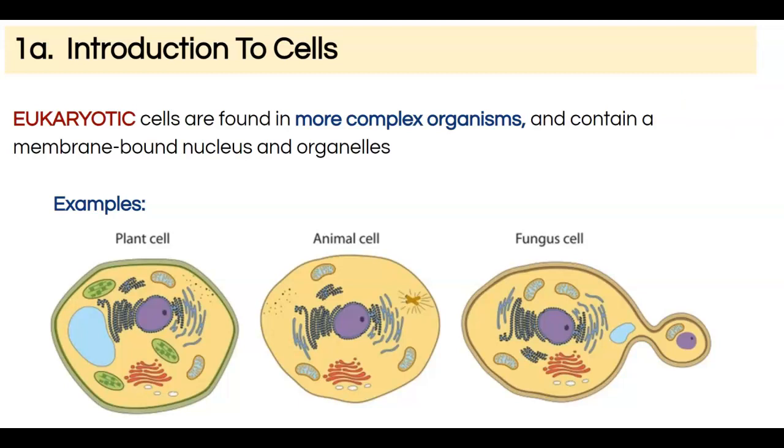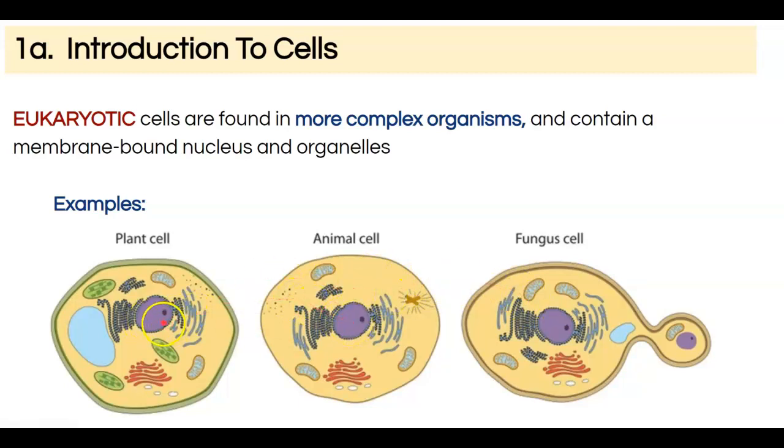Now, what I'm hoping you're seeing is that plants have a bit of a thicker outer wall here, and so does the fungus, but it's a slightly different wall, whereas the animal cell doesn't really seem to have that. I'm hoping you're seeing that the plant cell has this great big water storage area, whereas the animal cell doesn't. Right? But they have a lot of structures in common.